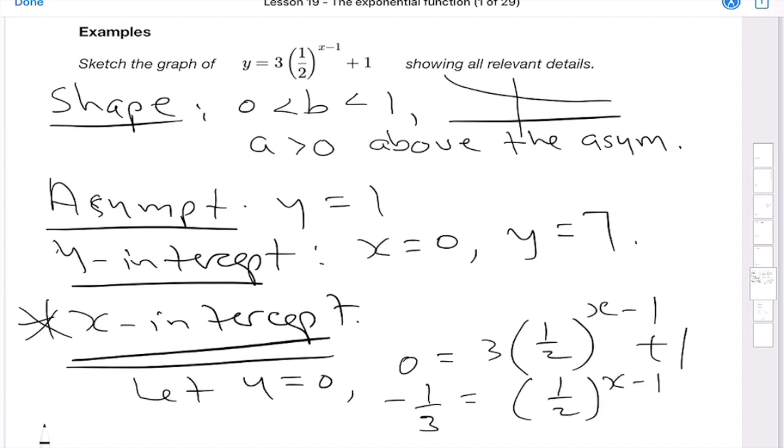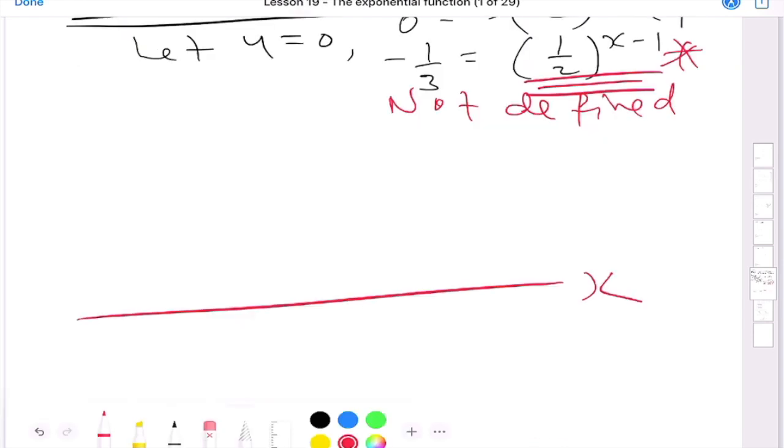Once again, when you are there, you need to remember that from the parent graph of half to the power of x, we can never get a negative value for this expression. Half to the power of anything will always be positive.